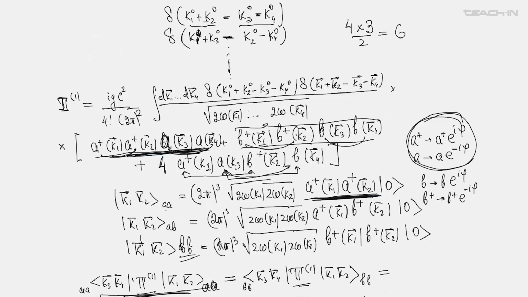This means that a non-trivial solution will be only on shell, in the sense that this condition k squared minus m squared equals 0 must be satisfied.